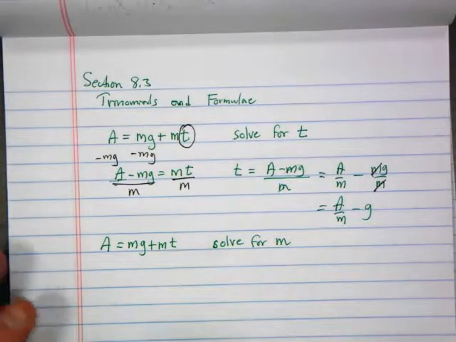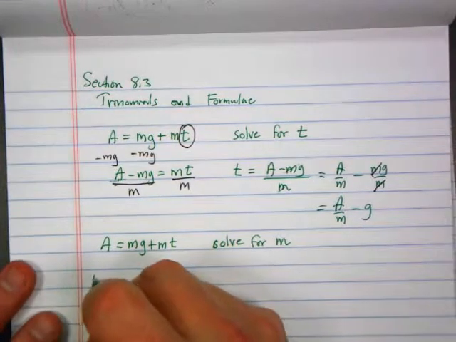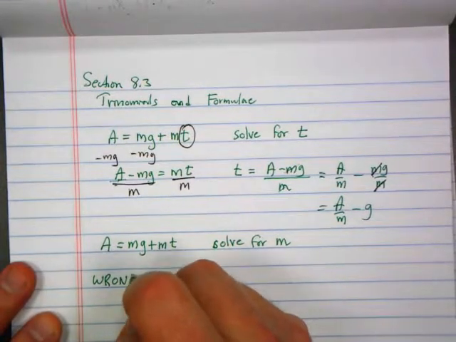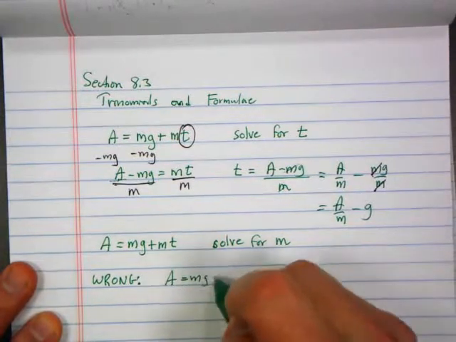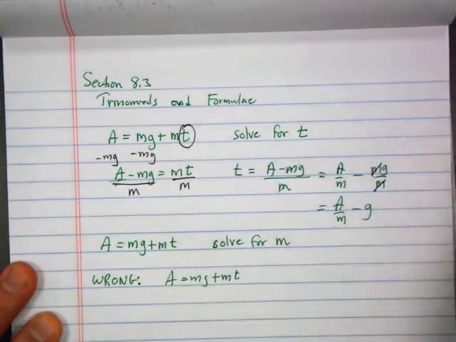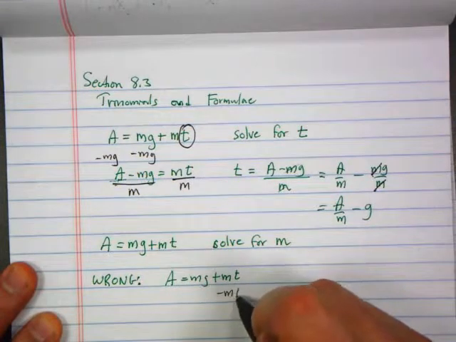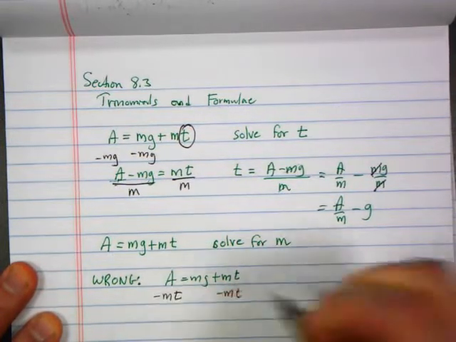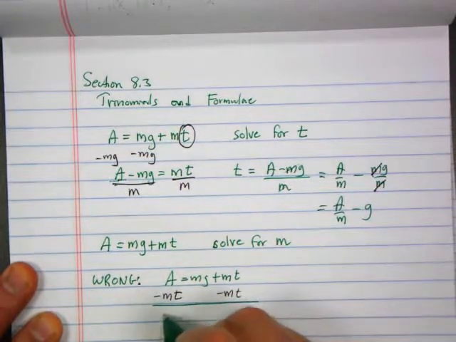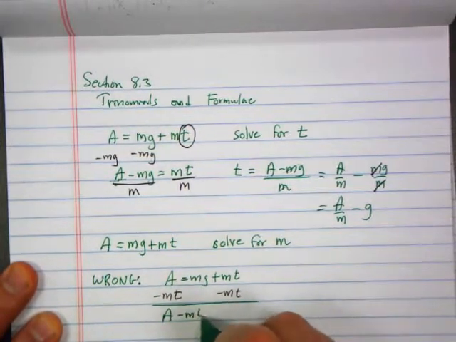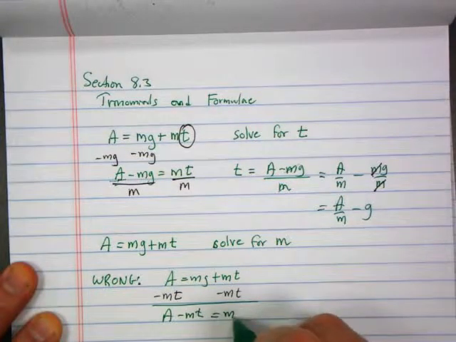This is what a lot of people will do. This is wrong, and we'll talk about why. I'm going to take this, a equals mg plus mt, and I'm going to subtract mt on both sides. So that gives me a minus mt equals mg.